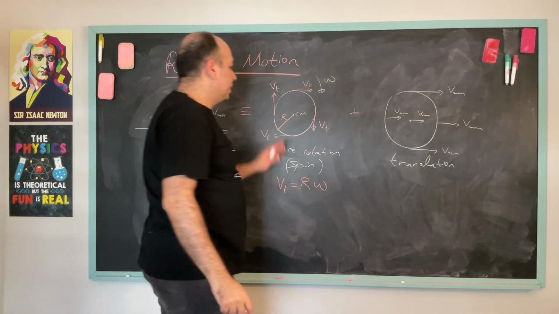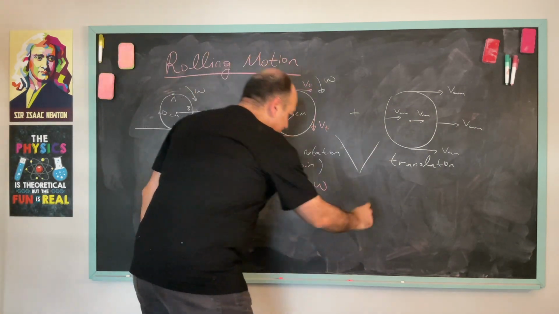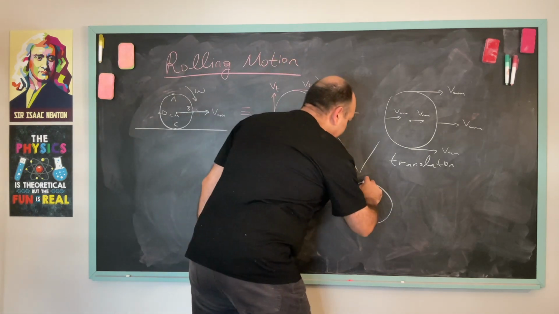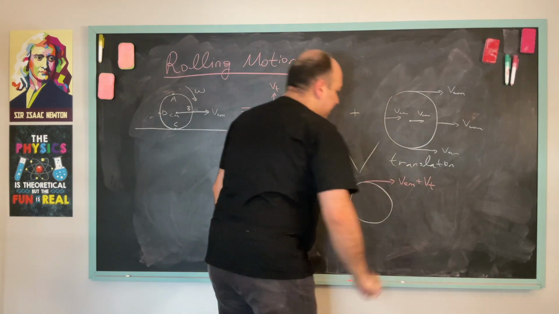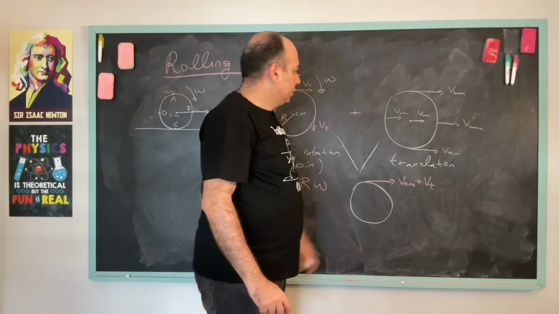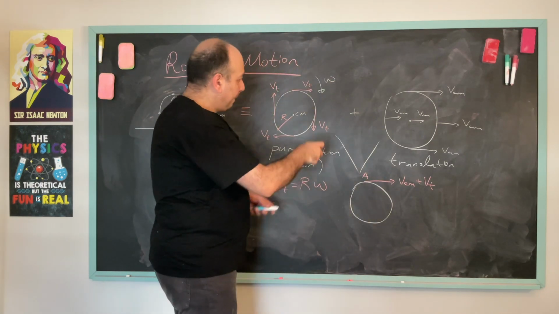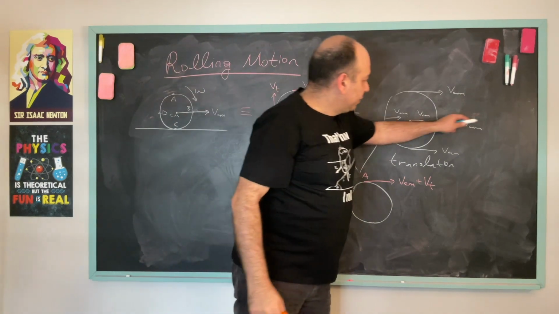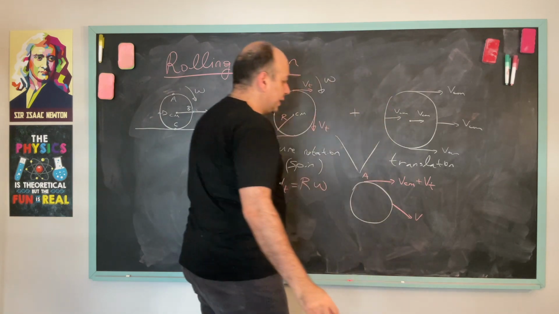Since the rolling motion is the combination of these two motions, when you combine these two, at point A the velocity will be just the addition of these two vectors. At point B, this tangential velocity is pointing down, V center of mass is to the right, so at point B, I'll have the velocity vector like that.